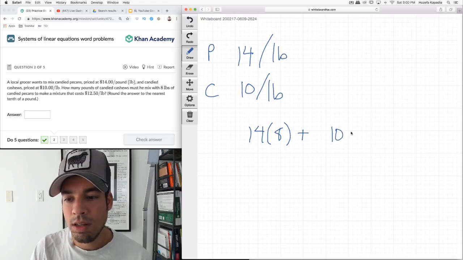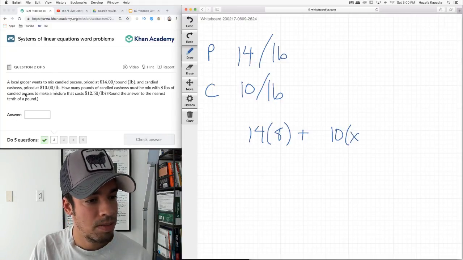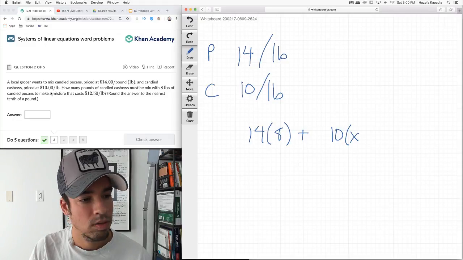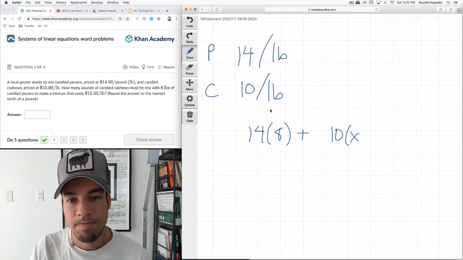Plus $10 times, and that we don't know. How many pounds of candied cashews? I'm sorry, we're trying to find how many pounds of cashews, which is here, right? This is pecans at 14, this is cashews here.